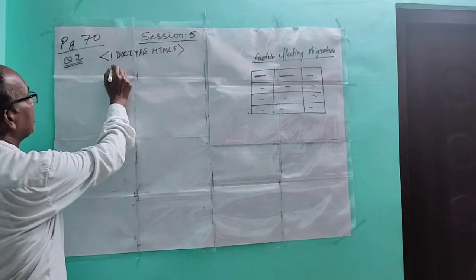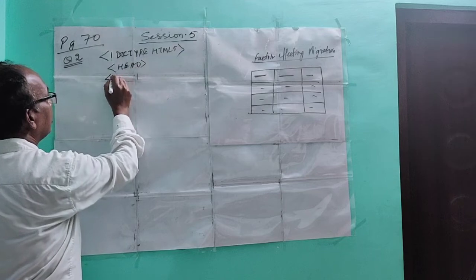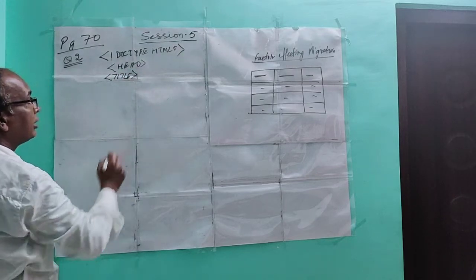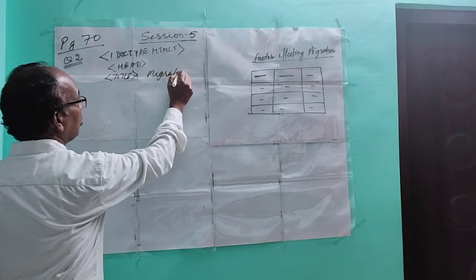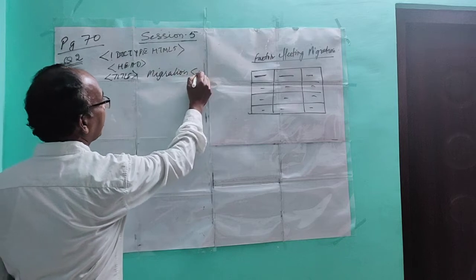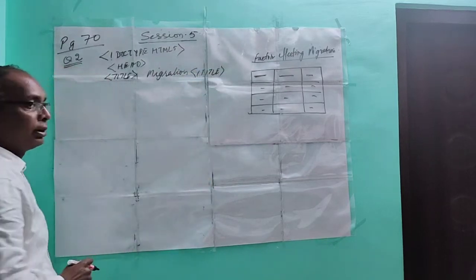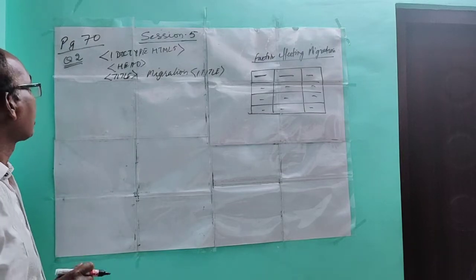Second is head, then title. Here I am giving the title is migrations. So what you write between the on title and off title, that will appear in the title bar of the web browser. Okay.